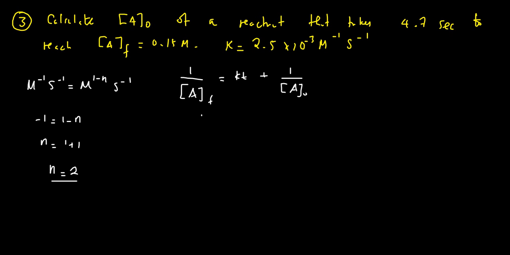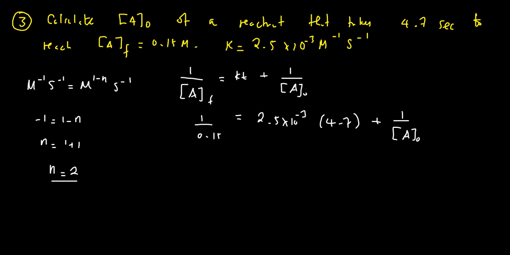So this will be 1 over the final concentration, which is 0.15, equal to k, 2.5 times 10 to the power negative 3, multiplied by t, which is 4.7, plus 1 over the initial concentration. That's what we're trying to look for.